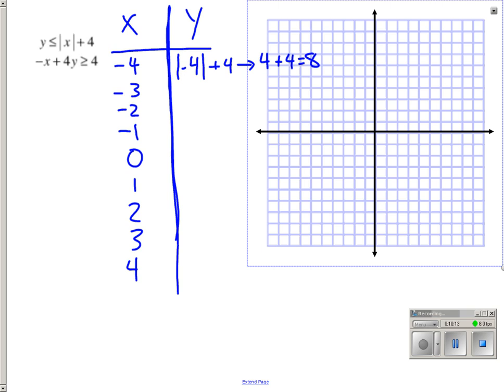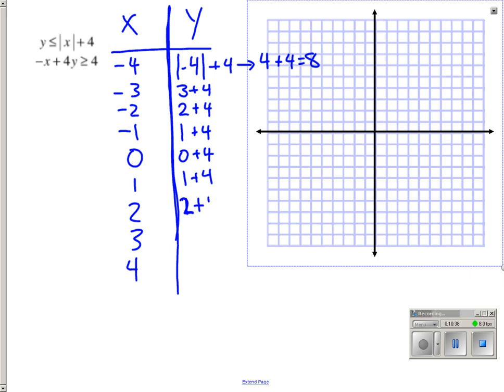And I know we kind of went way over on that guy, but that happens. So going forward from here, I know that -3 is going to become +3, and I'm going to add 4. -2 is going to become +2, and I'm going to add 4. Same thing here. 0 is going to become positive. These guys already are positive, so no big deal. When we graph these, whoops, that should be a number 2.